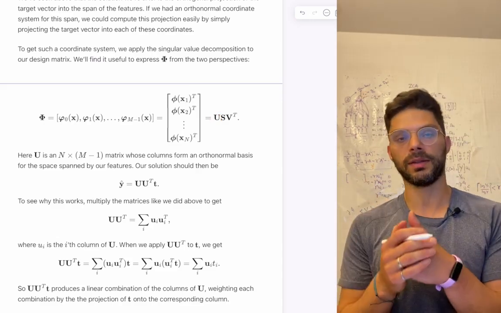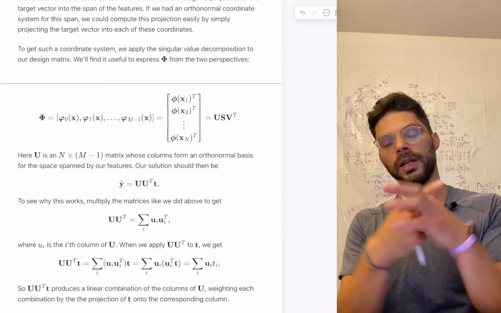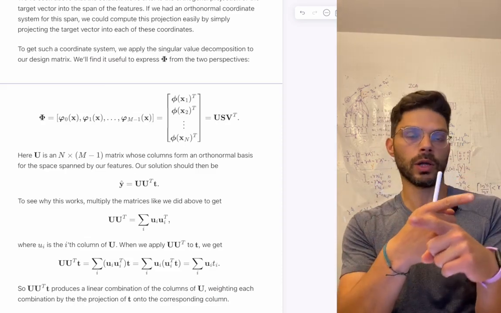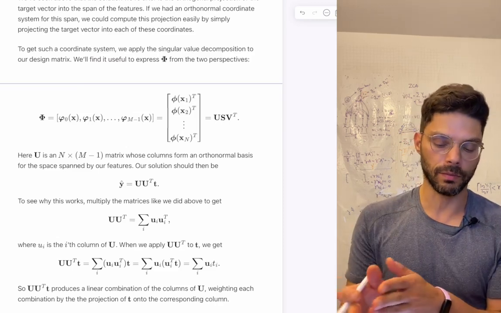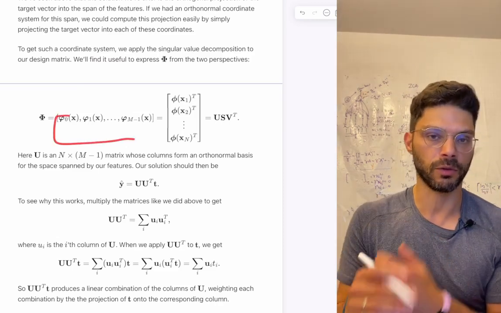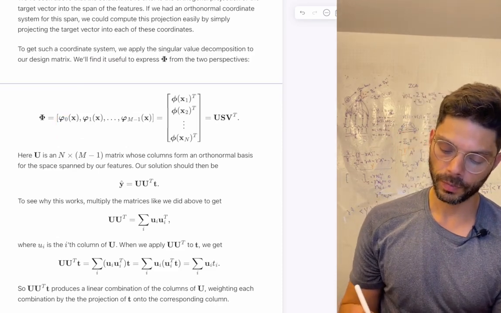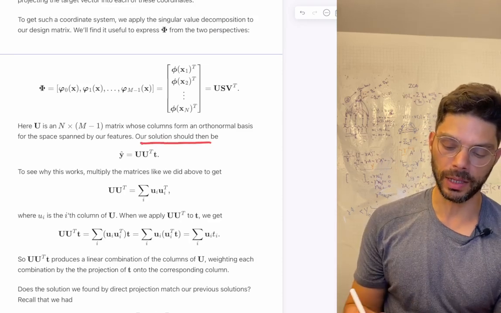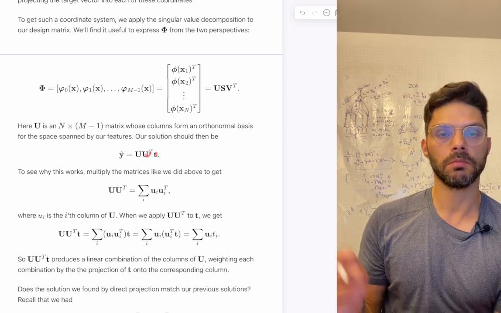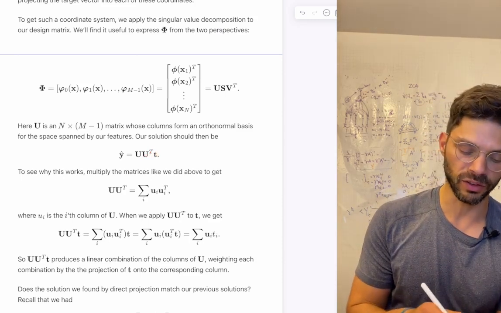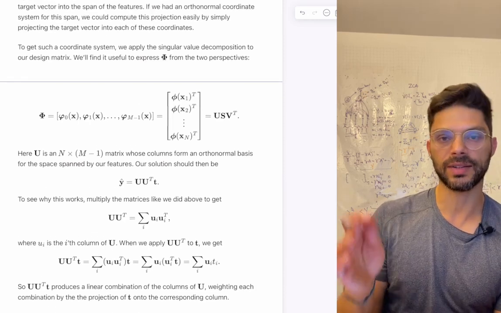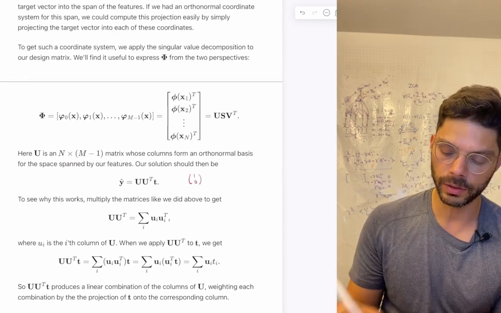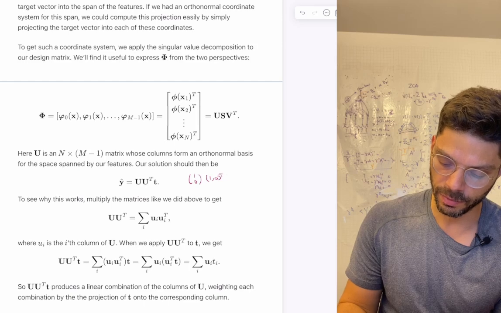Orthonormal just means that they're all length 1 and they're all perpendicular to each other, so when you project them onto each other, they give you 0. So essentially it's just giving you a coordinate system for this feature space, this output space. If we had this U, then our solution would be U transpose times t, projected back onto U. Going back to our example of projecting onto the x-axis, this would be like saying the solution is [1, 0] times [1, 0] transpose times t.